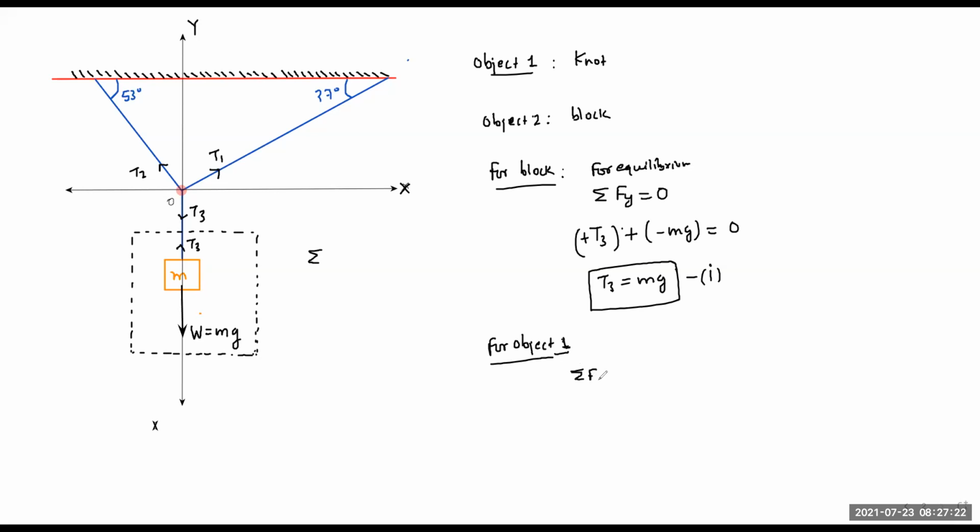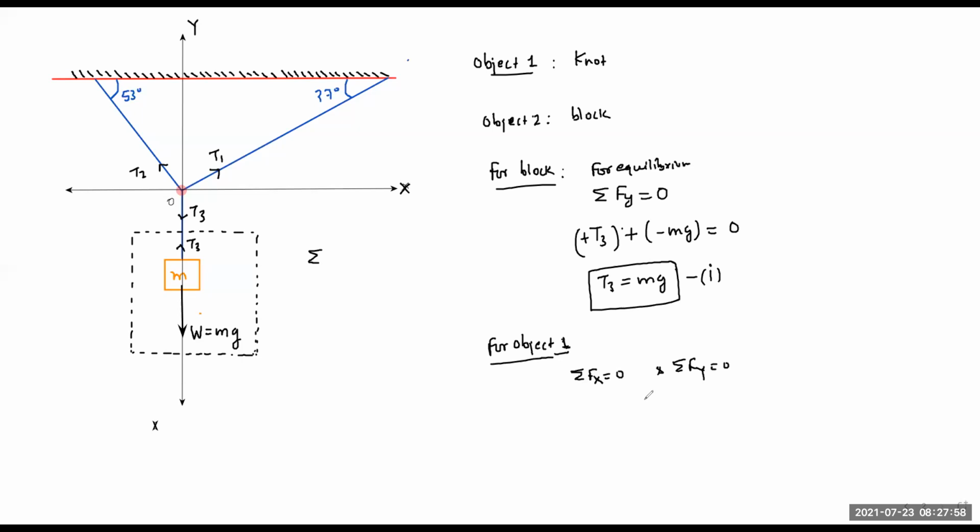We must write the summation of Fx equals 0 as well as the summation of Fy equals 0. Obviously, T3 we have got, but we are still left with T1 and T2. Looking at the diagram, there are some components along X and some along Y. For equilibrium, both components must be zero when we add them together.